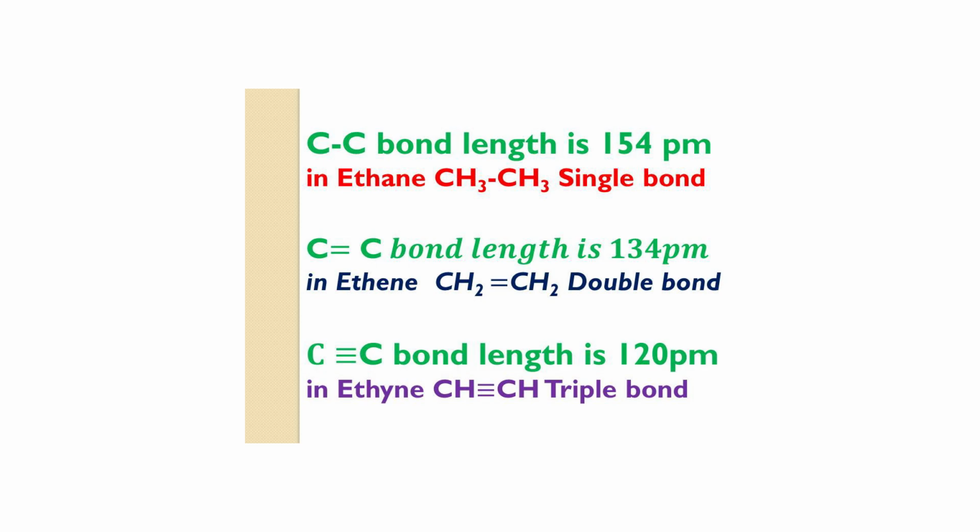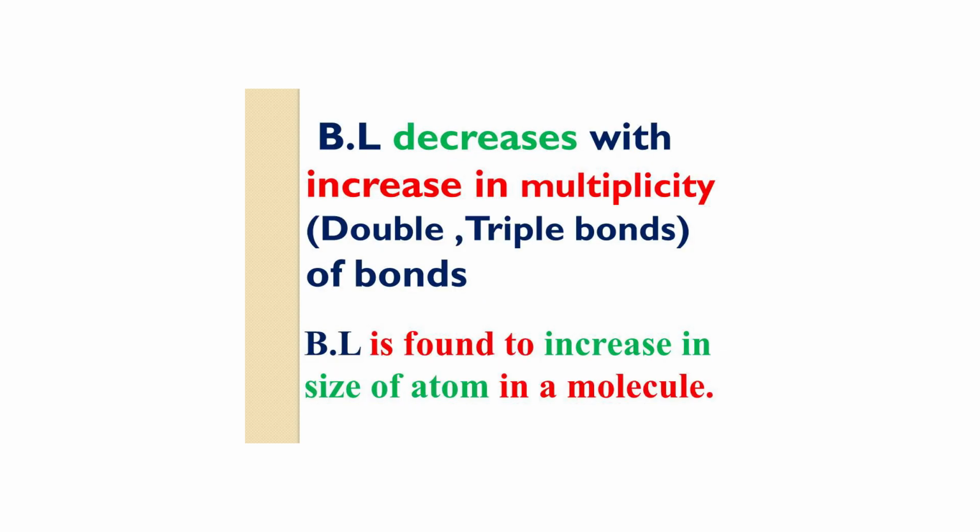In C triple bond C, the bond length is 120 pm, in acetylene, CH triple bond CH. Next factor, bond length decreases with increase in multiplicity of the bond, that is double or triple bond. Bond length is also found to increase with the size of atom in a molecule.